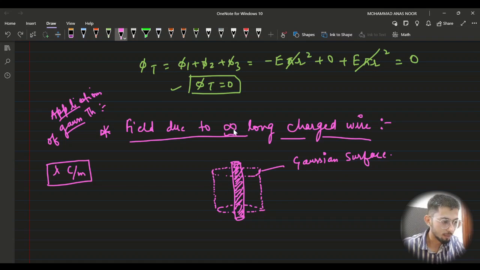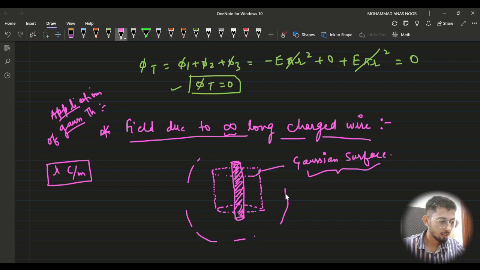How to draw Gaussian surfaces is altogether a topic. But here we have drawn a cylindrical Gaussian surface, that is, we have covered this wire inside a surface. One could have done it in a spherical way too.